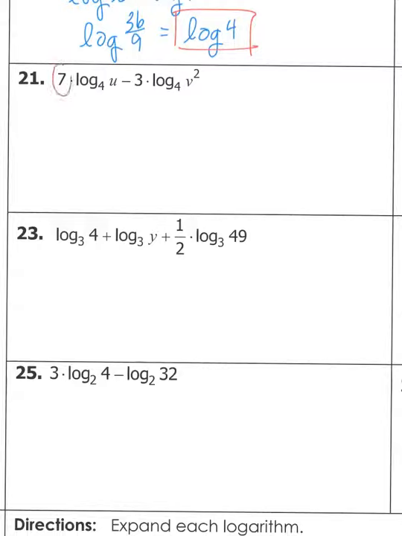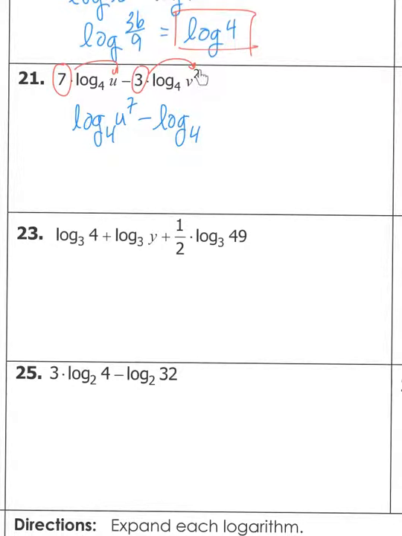All right, so we're going to loop the 7 and just the 3, and so you get log base 4 of u to the 7th minus log base 4. So when you loop this 3 up here, this is a power, and you're going to make it into another power. So remember, a power to a power is multiply.